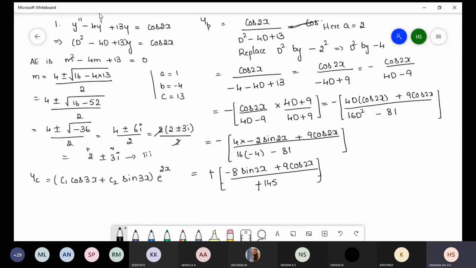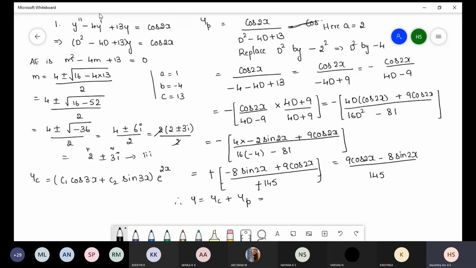Minus will get cancelled. Remaining: 9 cos 2x minus 8 sin 2x divided by 145. Therefore, y is equal to yc plus yp.